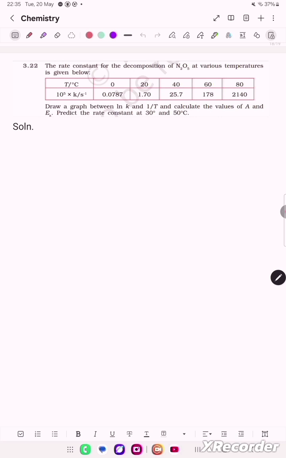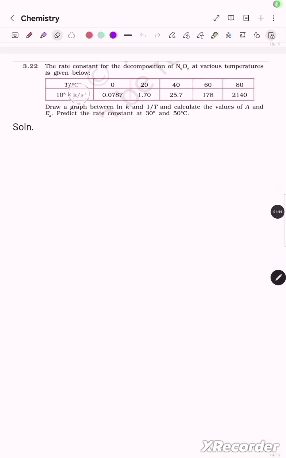So here the temperature is given in Celsius, and you should remember this. When you have to draw a graph, you have to convert it into Kelvin first, because temperature is always represented in Kelvin.